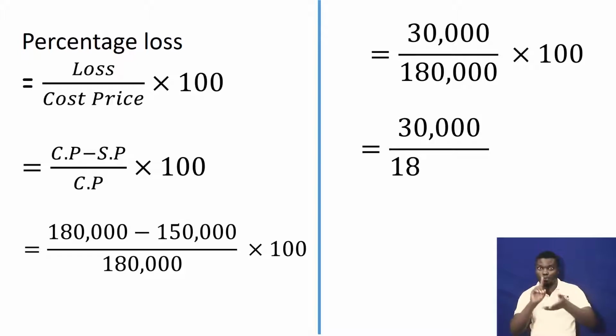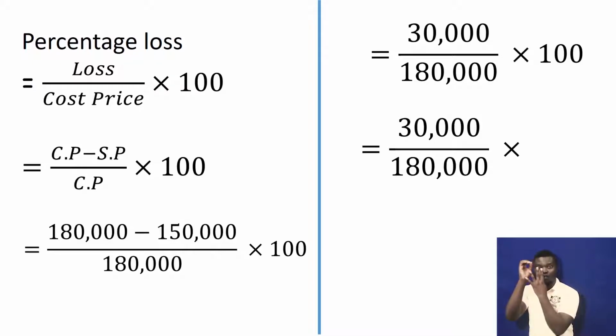And when you divide by 10,000 in the numerator and 10,000 in the denominator, you get 3 divided by 18. And that removes the 4 zeros in front of 3 and the 4 zeros in front of 18.